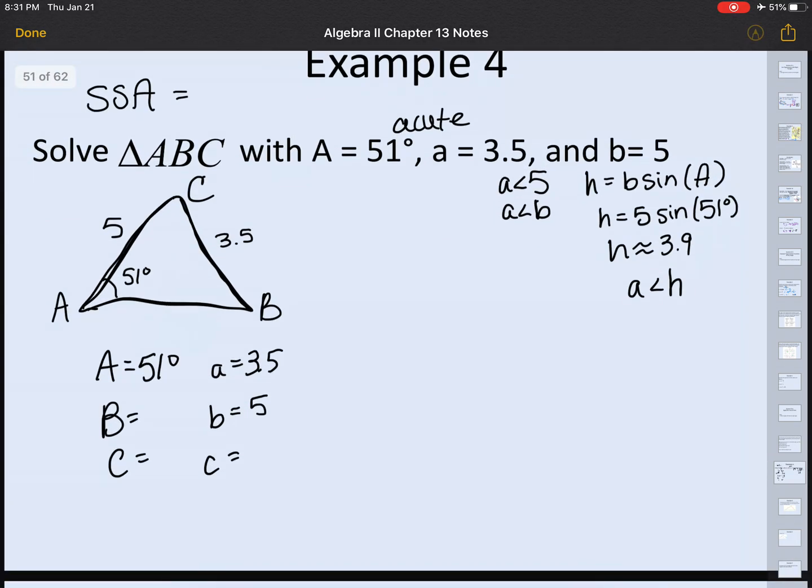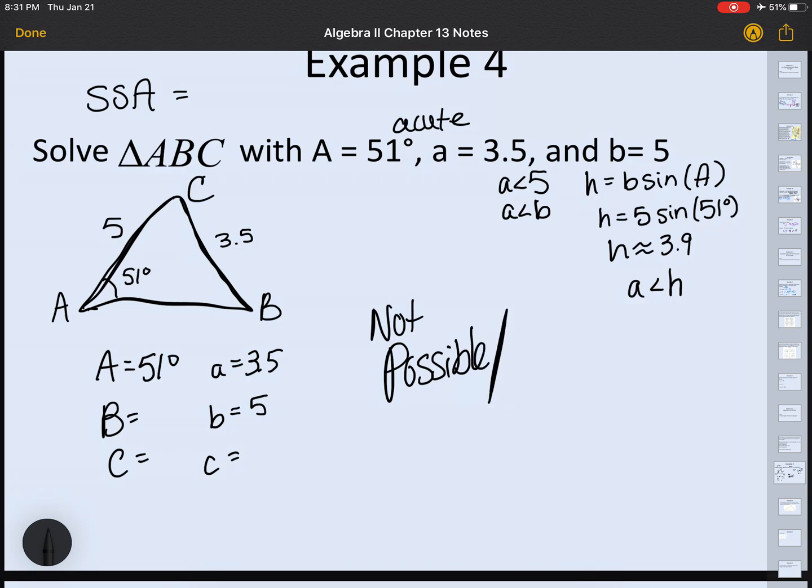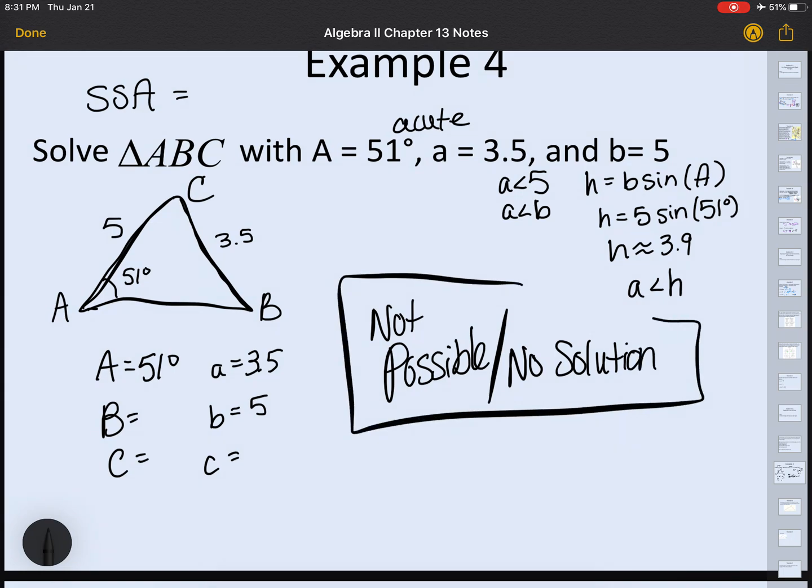So this situation in example number 4 is not possible, or no solution. No such triangle exists that meets this criteria, so we cannot solve it at all. So that one had no solution, or no triangle.